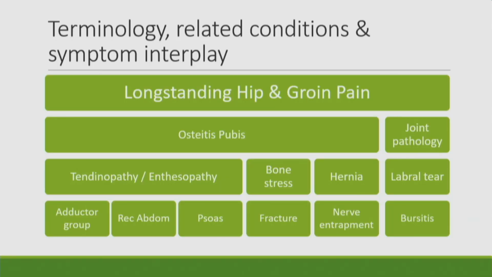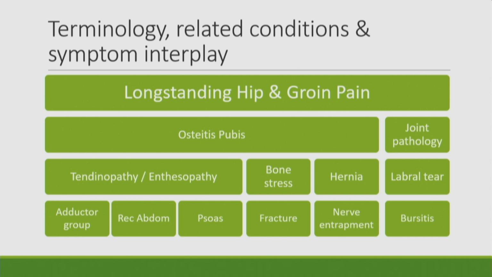So with the overarching hip and groin pain umbrella term, within that we can see, if we look to the far right, we've got a joint pathology that might be specific just to the joint itself, so an articular issue. And that could be something like a labral tear, something that's linked to the acetabulum and the femoral head itself.